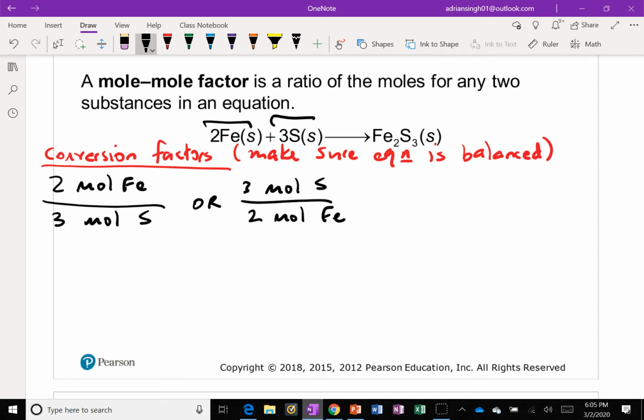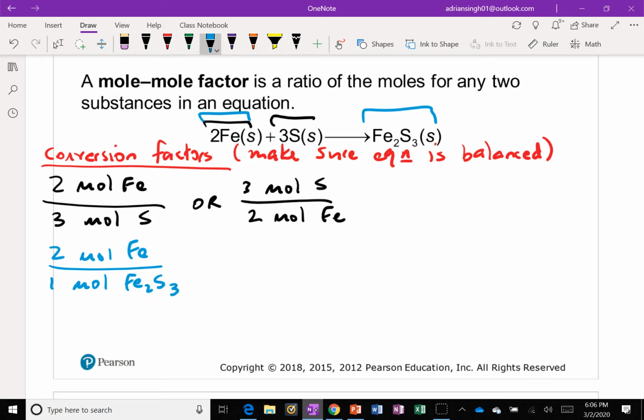Right? So you need to make sure that it is balanced before you can come up with the conversion factors. All right, let's take a look at a couple other ones. In addition to the iron and sulfur, we can relate the iron to the product, the iron sulfide. So we can say that 2 moles of iron produce 1 mole of the Fe2S3.